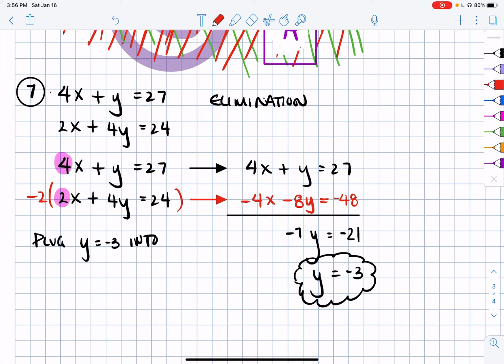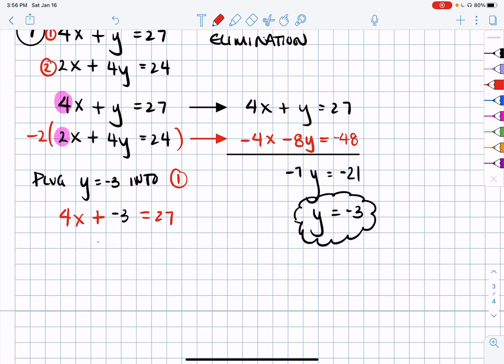I call this equation 1, and call this equation 2. So equation 1 says 4x plus negative 3, which is my y value, is equal to 27. So I keep on solving.